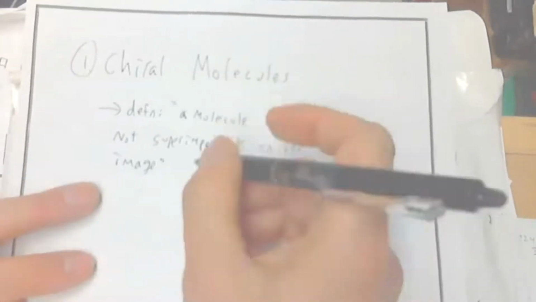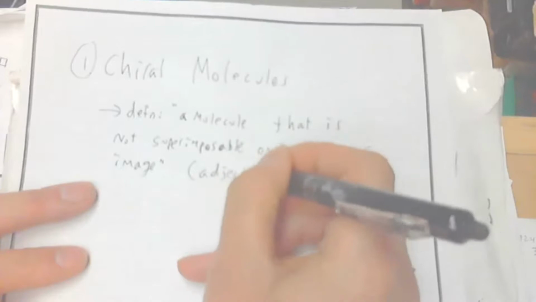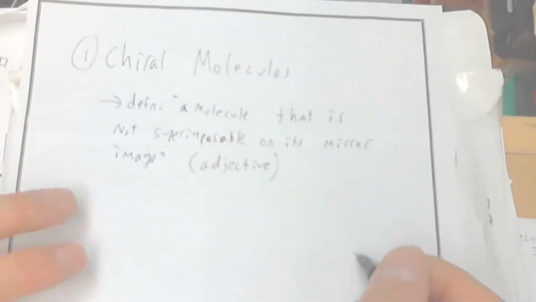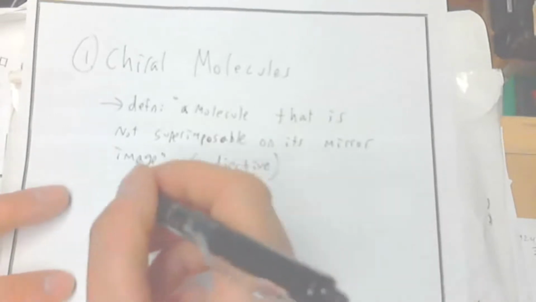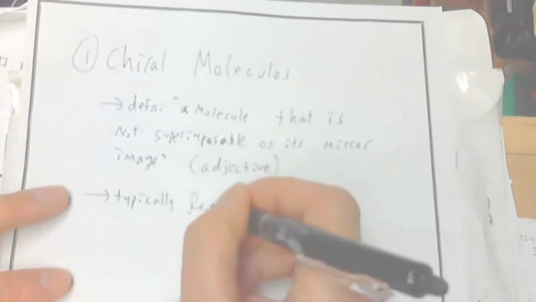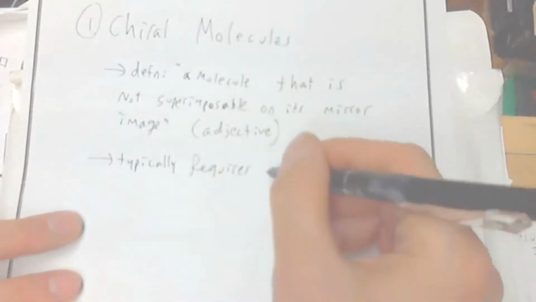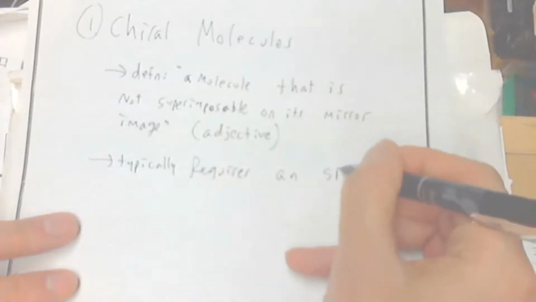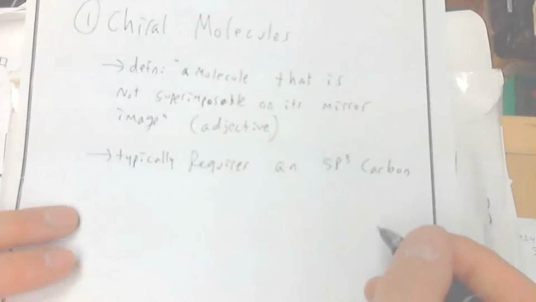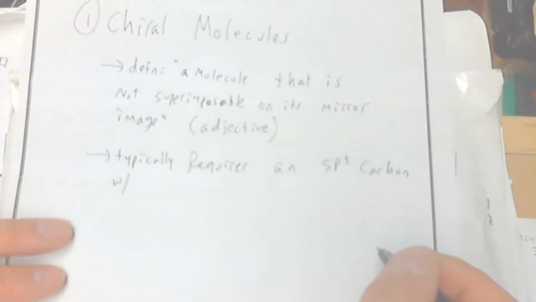You could say that it's an adjective, so it's a property. It typically requires an sp3 carbon with how many unique substituents?